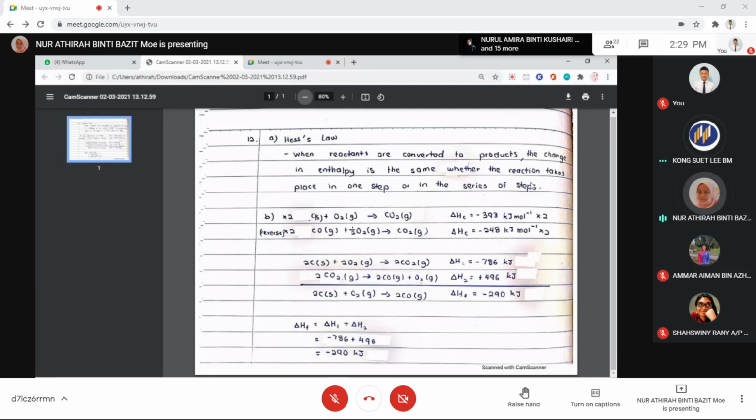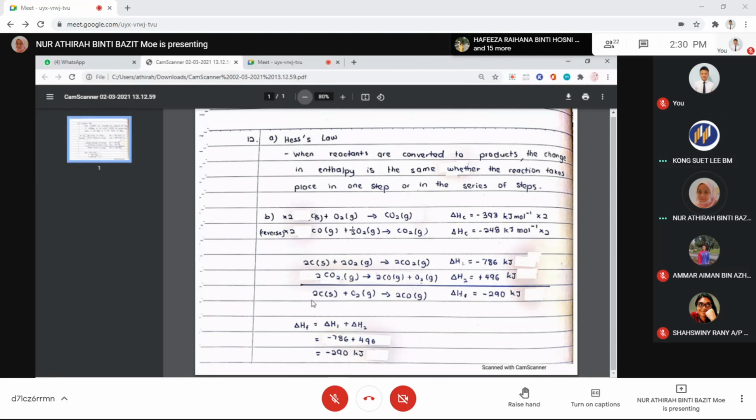So the question is to calculate the heat change for the reaction. For this equation, first, the equation given is here. The equation that we want is 2C plus oxygen gives 2 carbon monoxide.